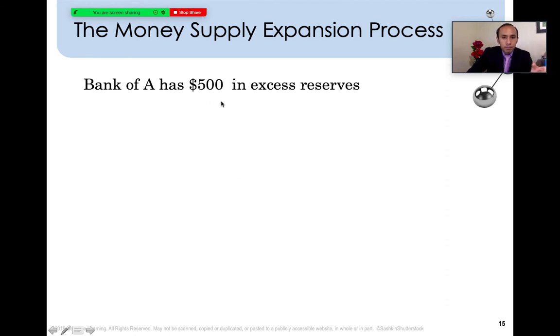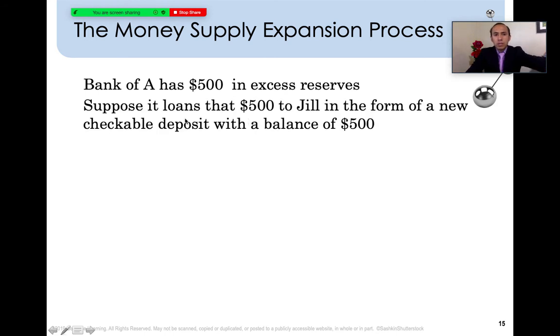Now, if the bank has those $500 in excess reserves, it can lend it out. Suppose it lends it out to Jill. Jill takes out the $500 as a loan, and Jill now has $500 with her, and deposits it into her account. So Jill was lucky enough to borrow those extra $500 from the bank, since they have extra $500 because they sold their security.